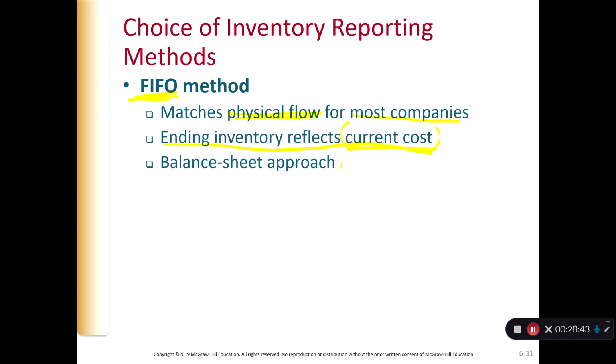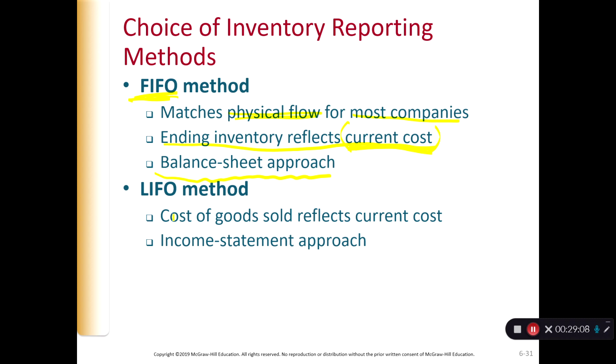Hence we call this method a balance sheet approach, because the balance sheet reflects very well the true value of your inventory, since the inventory left in the warehouse in the GL account is the most recent purchase. That's closer to reality, right?